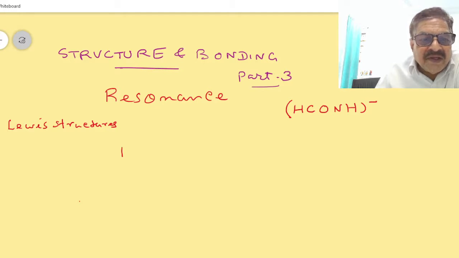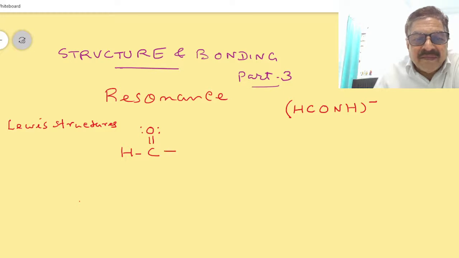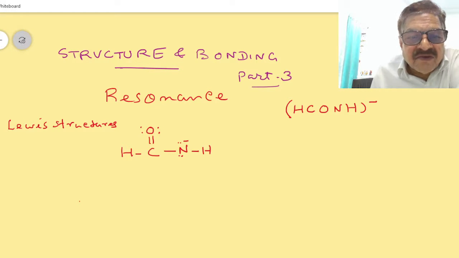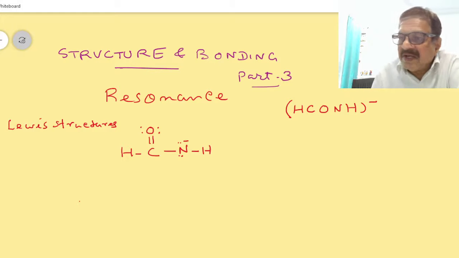One will be like this: HC double bond O. This is one structure. That is, there is a carbon-oxygen double bond, then there is a negative charge over the nitrogen atom.